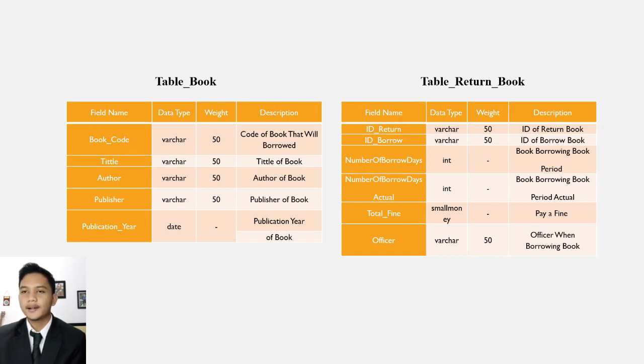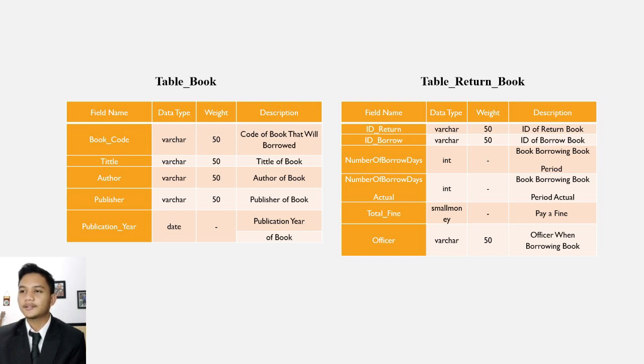And then the last in table book is publication year. The data type that is used in publication year is date, and the description of publication year is publication year of book in the library. And the last is table return book.